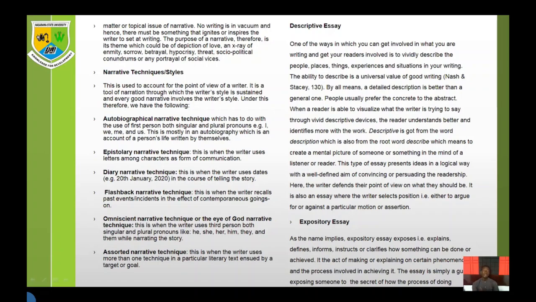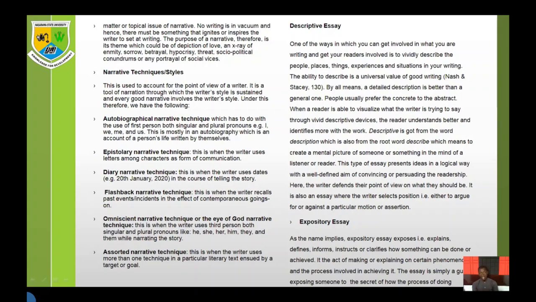Every story is said to have a kind of style, the writer is supposed to have a particular style they accomplish when dealing with the story. We call them narrative techniques or narrative styles. This is used to account for the point of view of a writer. It is a tool of narration through which the writer's style is sustained, and every good narrative involves the writer's style. So under this we have the following.